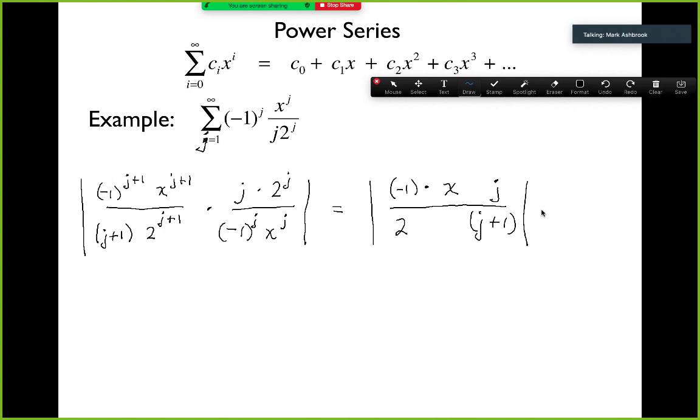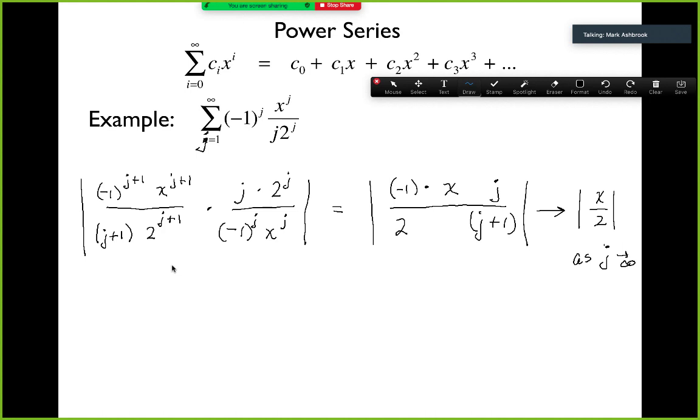Okay, so as j gets big, what will this go to? Absolute value of x over 2. As j gets big, j over j plus 1 limit is 1. And then the -1 in absolute value doesn't matter. You can just get rid of it since there's an absolute value around it. So then it'd be x over 2.